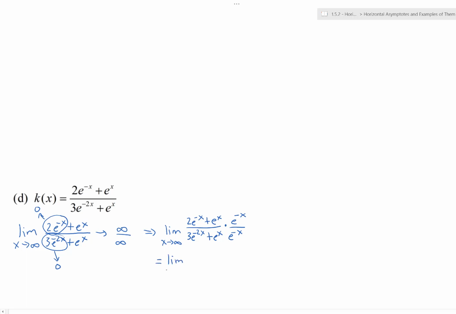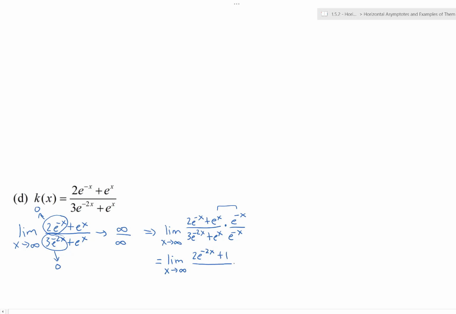I get the following equivalent limit as x goes to infinity. Just multiply everything by e to the negative x. So 2e to the negative x times e to the negative x is going to give me a 2e to the negative 2x, remembering our rules of exponents. And then e to the x times e to the negative x is just a 1. So we're left with that on top.